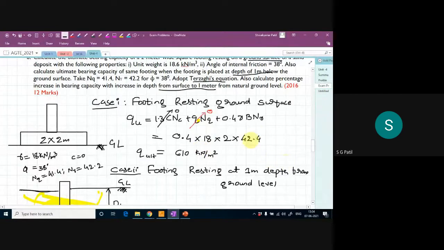See, this is 42.2. In that case, you will get 607, I think. 607.7 kilonewton per meter square, right?